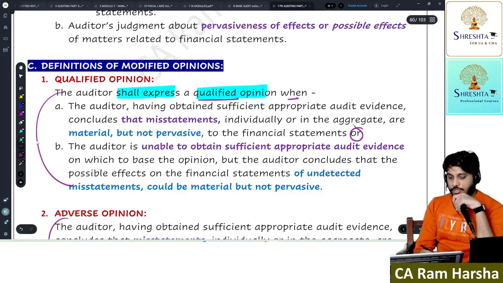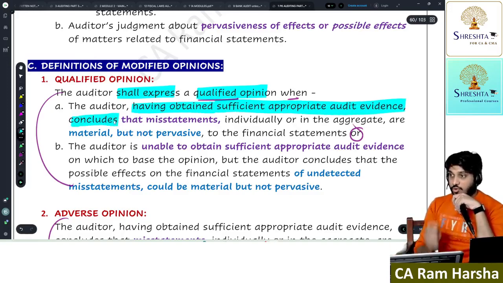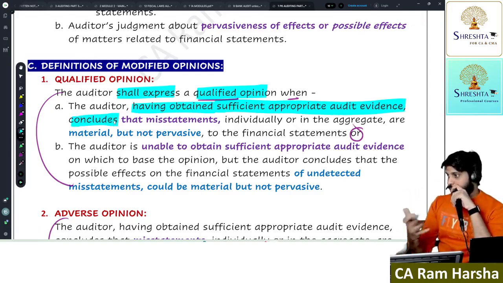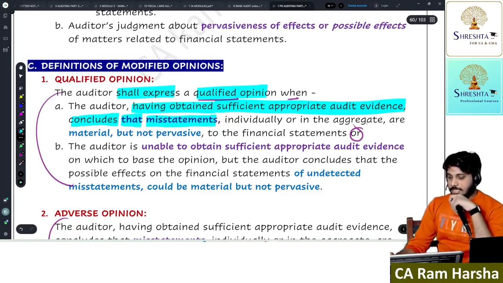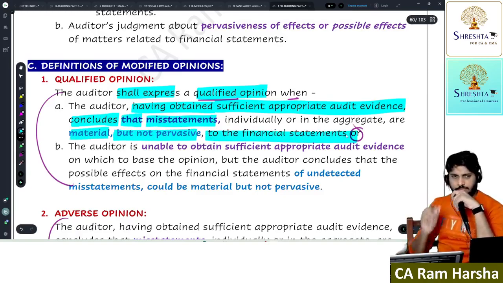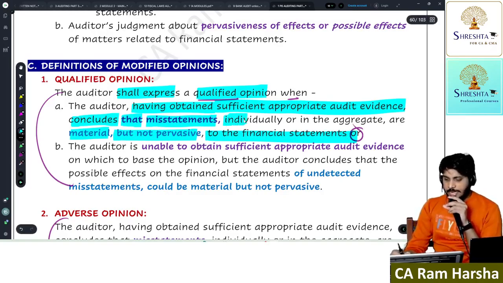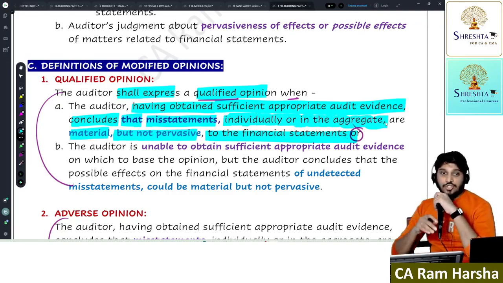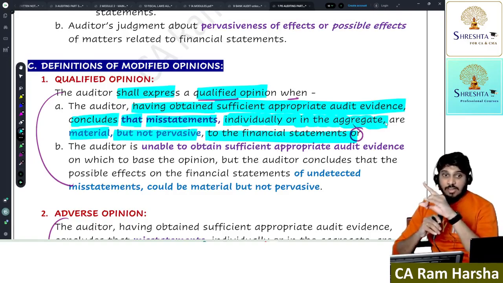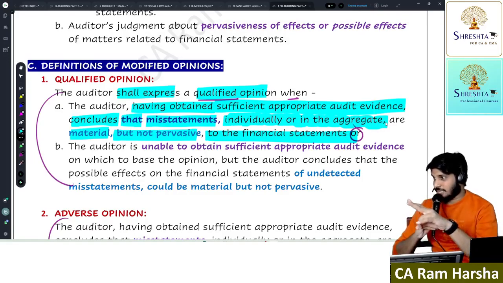Suppose the auditor obtained sufficient appropriate evidence, and you are concluding based on the evidence, you have proof. Based on proof, now I can decide that the misstatements are material but not pervasive to the financial statements. Now here you see the words individually or in aggregate. What does it mean? Suppose in debtors I did not discover a 1 crore mistake, but I discovered a 20 lakhs mistake.